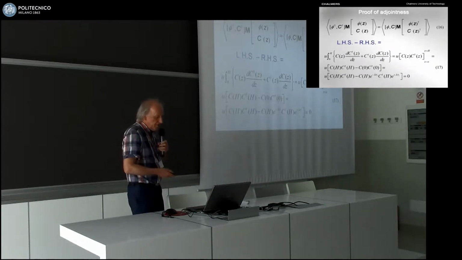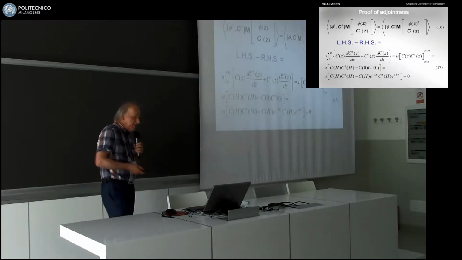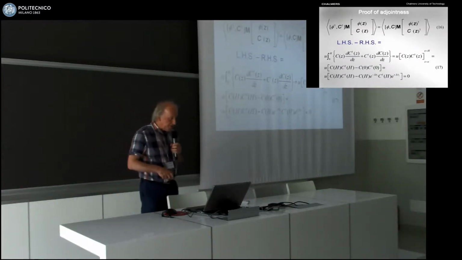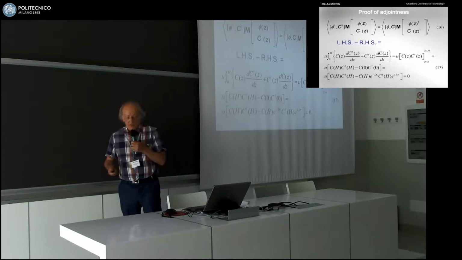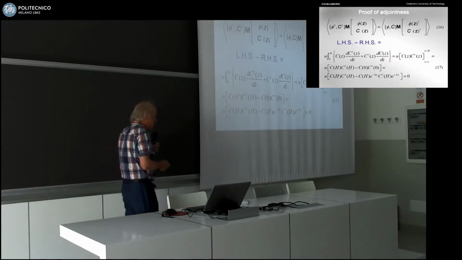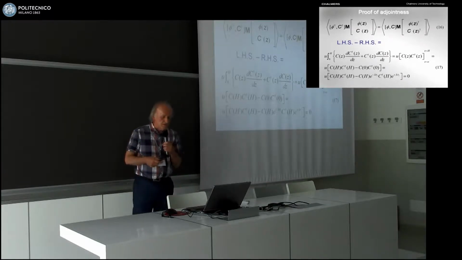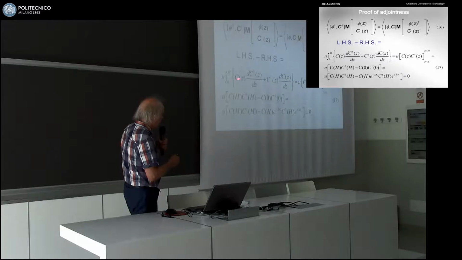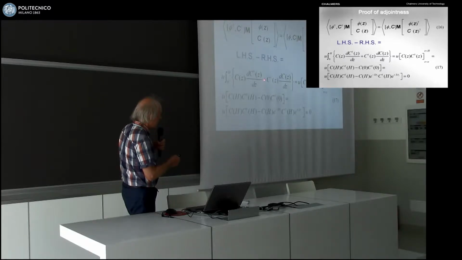And then one can show that if we define the adjoint operator, that is, we take the transpose of the matrix and change the sign of the velocity term both in the operator and in the boundary conditions, then if we calculate the same term where we had this minus sign before, now we have a plus sign.